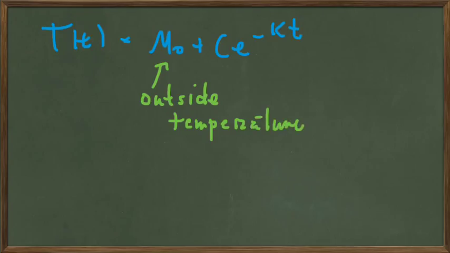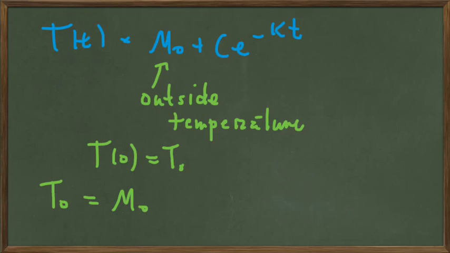And so if we assume that T of 0 is T sub 0, the temperature at time 0, then we get T0 equals M0 plus c e to the 0, or c equals T0 minus M0.